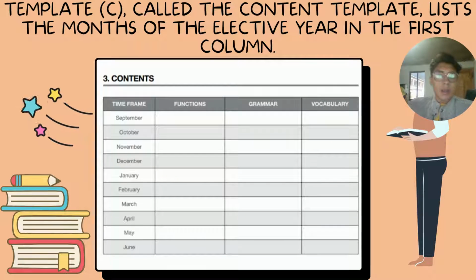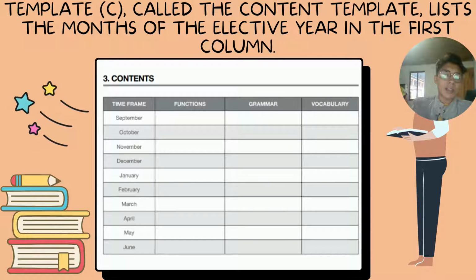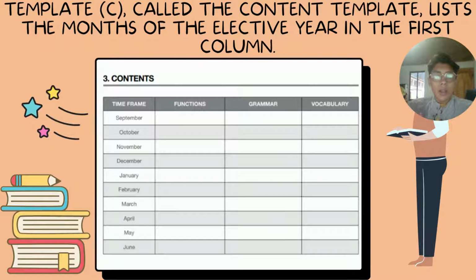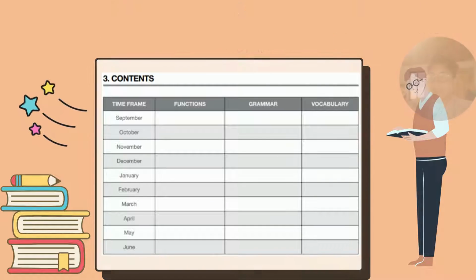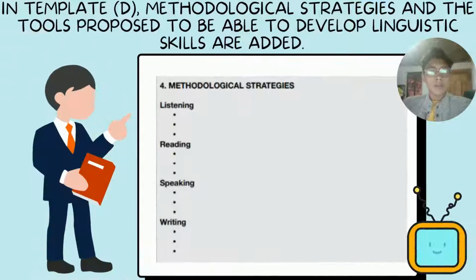Template C, called the content template, lists the months of the academic year in the first column and takes into account the grammatical functions and vocabulary to be taught each month. In template D, methodological strategies and the tools proposed to be able to develop linguistic skills are added.